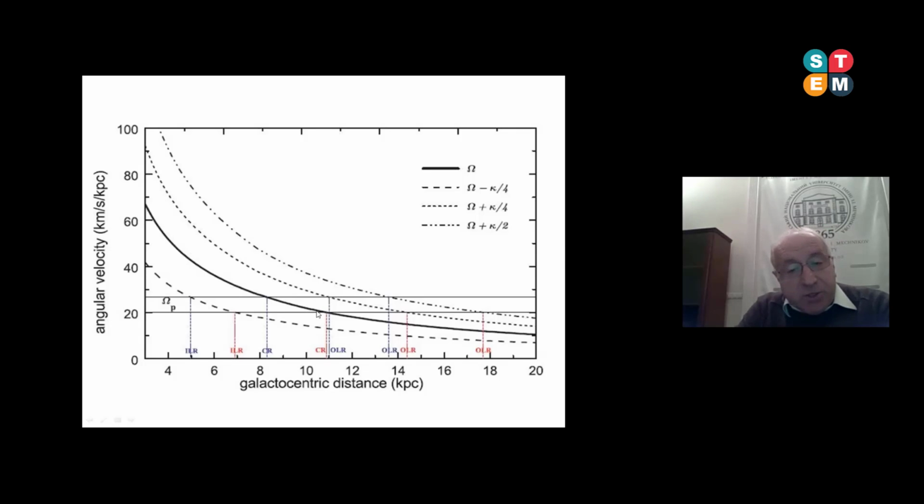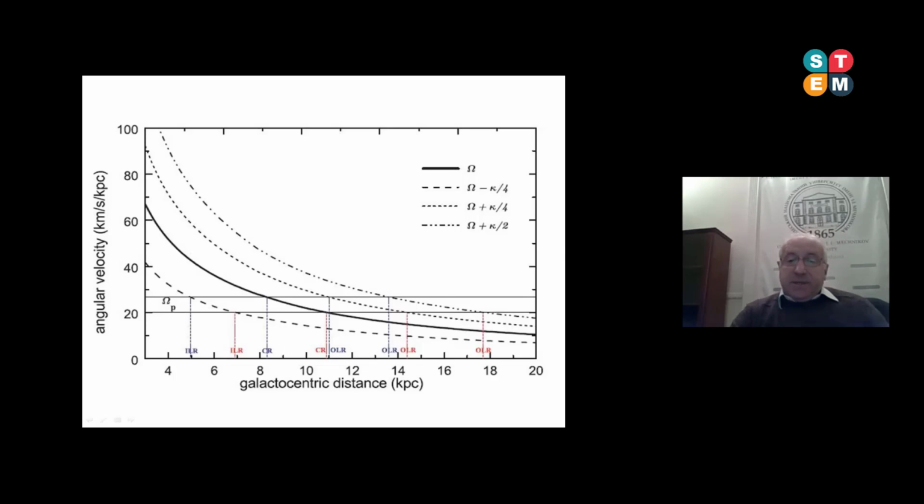Inside the co-rotation circle, of course, the disk rotates more rapidly than the spiral pattern. Outside, on the contrary, the disk rotates more slowly than the spiral pattern. It's very important.